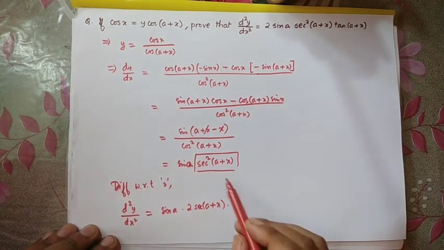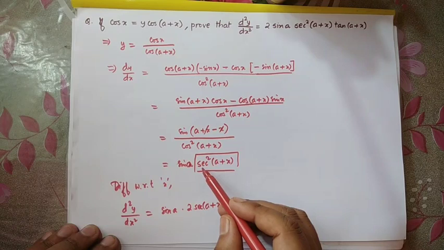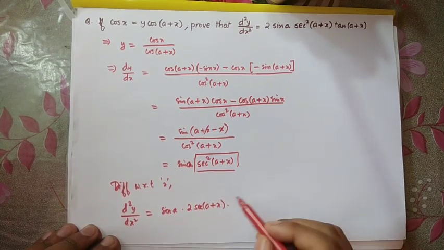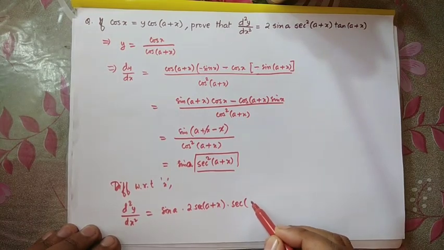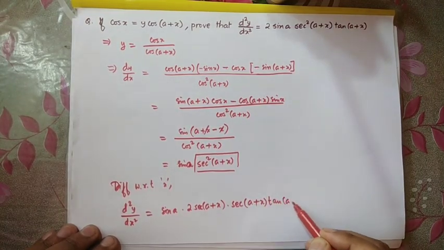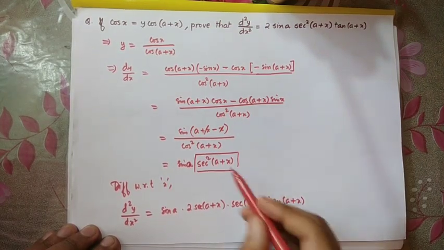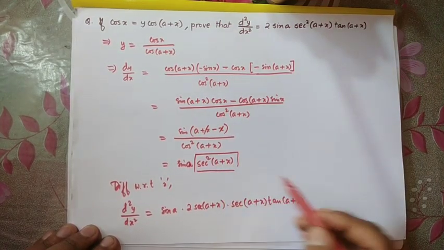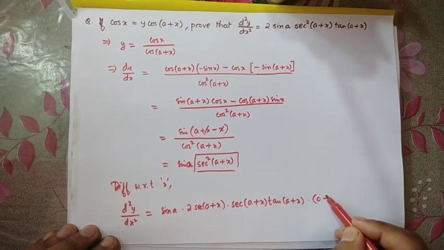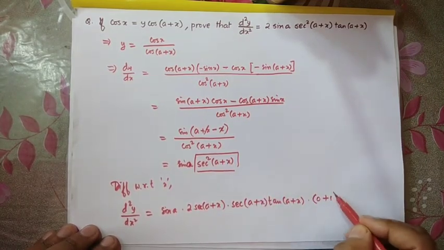Now according to the chain rule, we need to differentiate sec, and the differentiation of sec x is sec x tan x. So sec x is sec (a plus x), and tan x is tan (a plus x). Now according to the chain rule, we need to differentiate the inside as well. The differentiation of a will be 0 plus the differentiation of x will be 1.